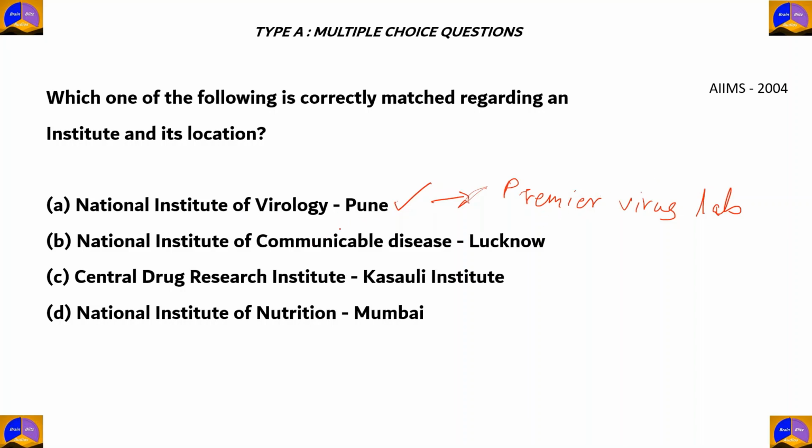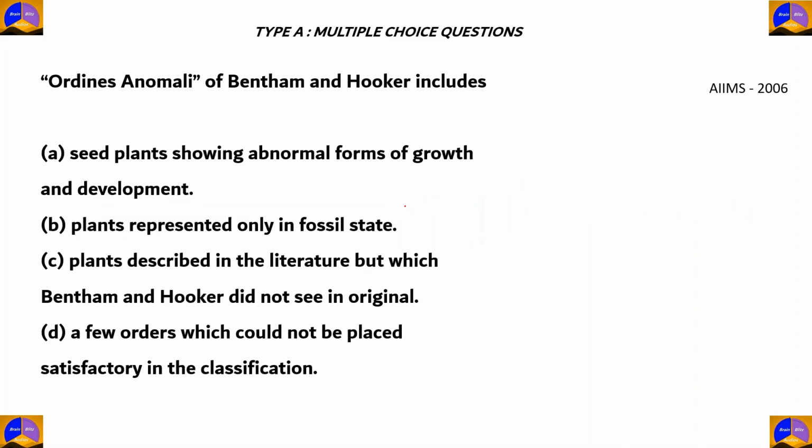Therefore, it's been in the news a lot, but it's more of a specific answer. So, which one of the following is correctly matched regarding an institute and its location? The answer is A. National Institute of Virology is in Pune. Next question.